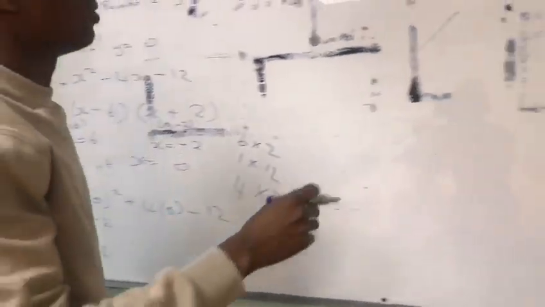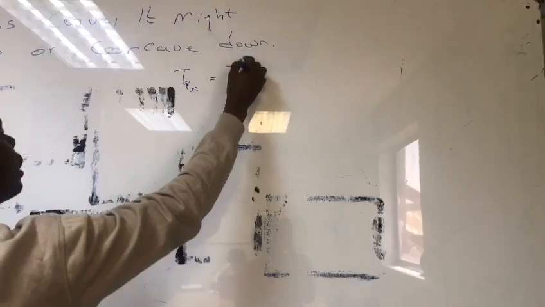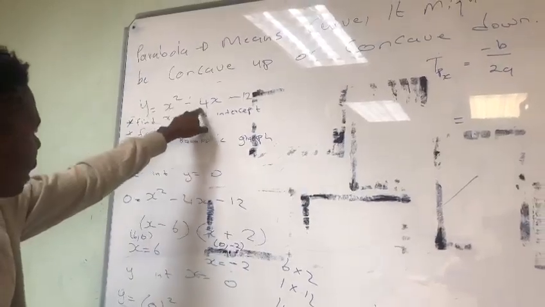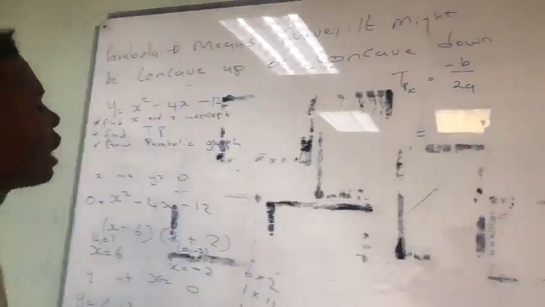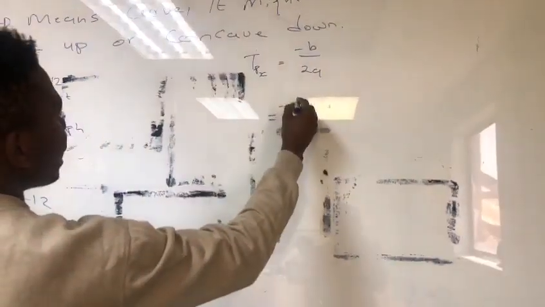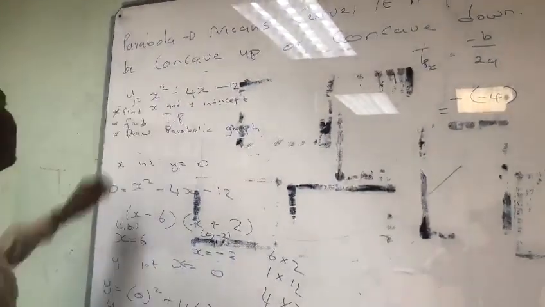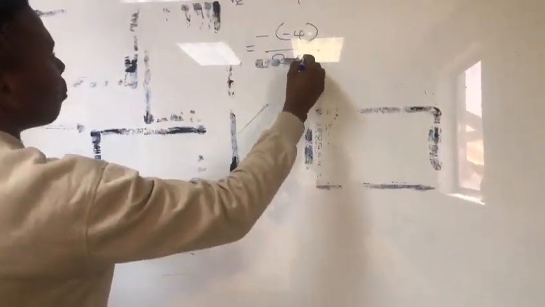Then we are going to look for the turning point coordinates. The turning point for the x value is equal to minus b over 2a. Here is our a, here is our b, here is our c. So it will be minus multiplied by minus 4, and our a is 1 here, so it will be 2 multiplied by 1.